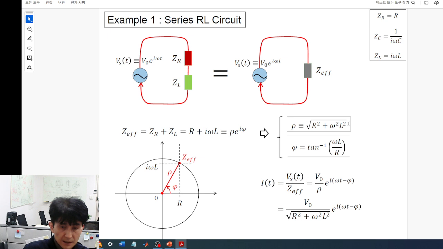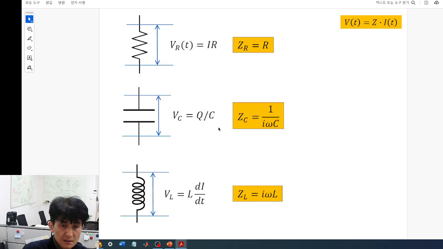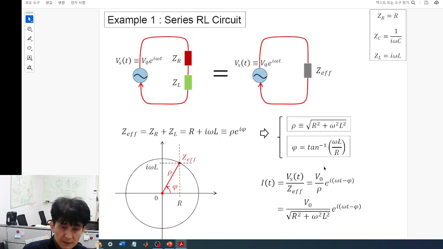Rho is given like this, and phi is arctangent of omega L over R. So without calculating this directly, by using the simple definitions of ZR, ZC, and ZL, we can just add those things together to calculate the phase difference between the current and the voltage when R and L are connected in series.